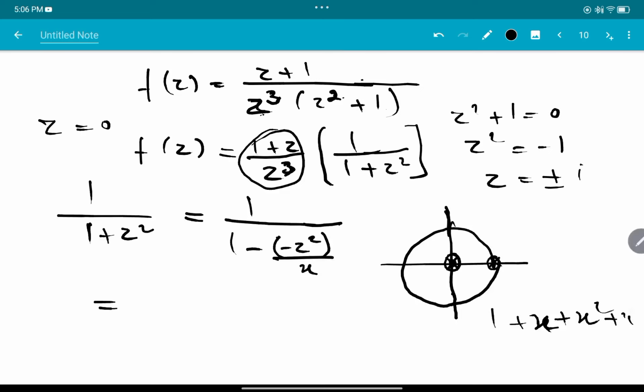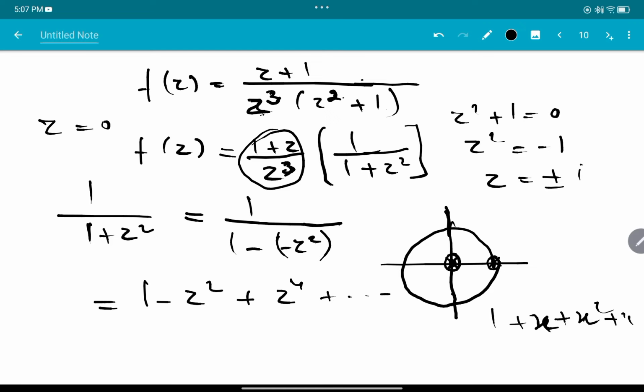But here the problem is that it already has a square, so it will appear here as 1 minus z square. There it will have z4, but positive z4, and so on. You can better write it beyond that, minus z square. Okay, I have expanded it in terms of this.